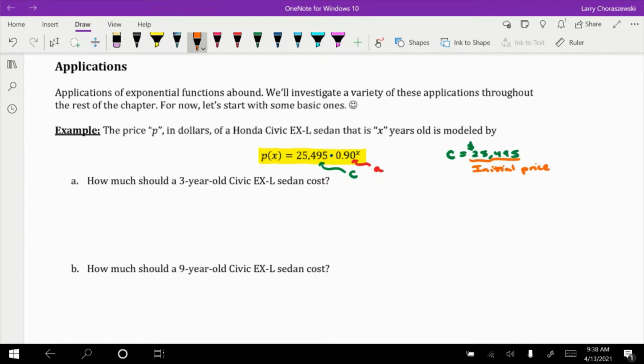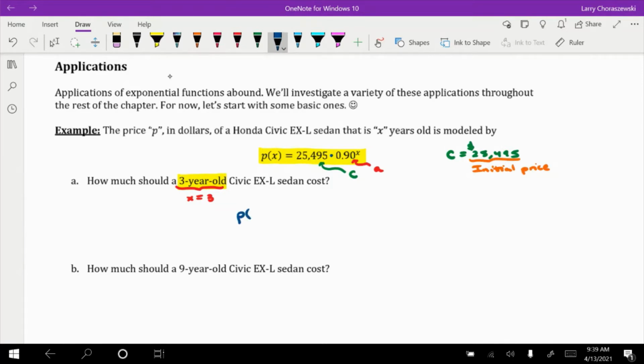In part A, we want to figure out what the price should be if the Honda Civic is 3 years old. It says here, how much should a 3-year-old Civic sedan cost? This represents a specific value of X, namely X equals 3. So you probably know what we're going to do here.